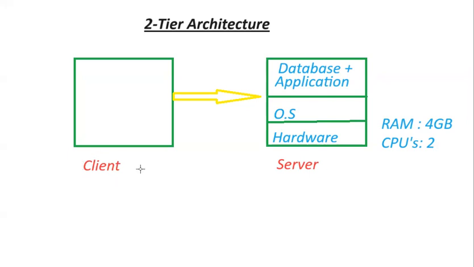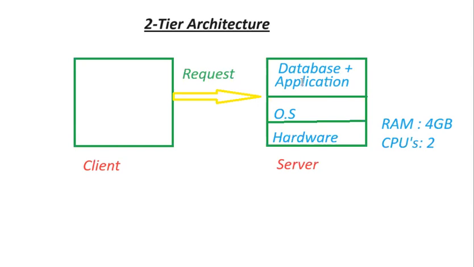So who is the client? The client is nothing but the one who requests a response. The client requests a response. The request is sent to my server and taken by my application layer. For processing, it requires some data, and that data is present in the database.